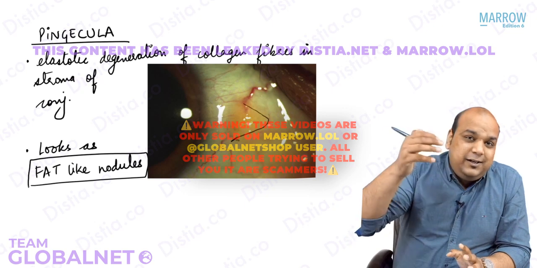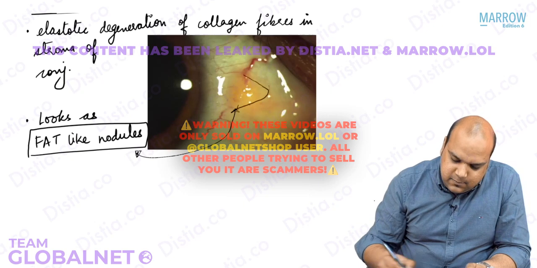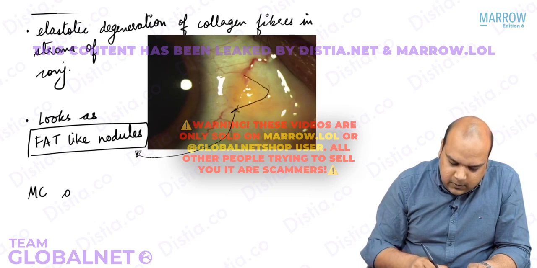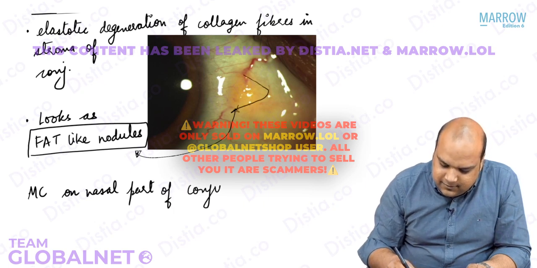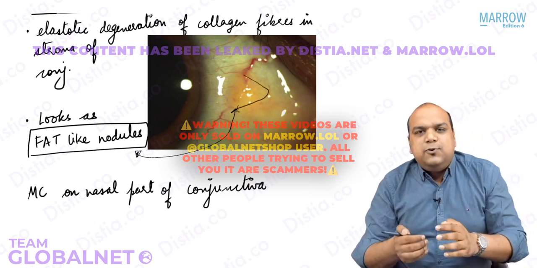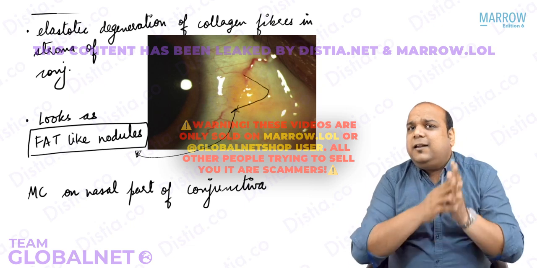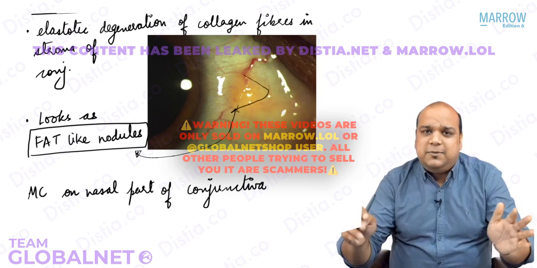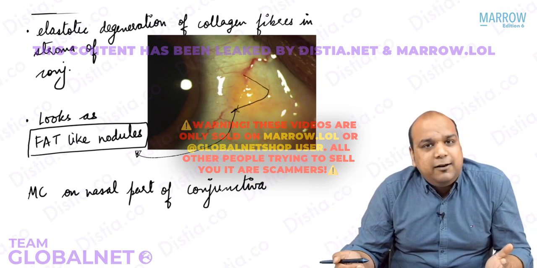It is elastotic degeneration, but that is the appearance it gives. It is more common on the nasal part of the conjunctiva, just like pterygium, and that is why beginners usually confuse pinguecula a lot of times with pterygium. But if you try to carefully see it, there is absolutely no connection between the two degenerations. I hope this photograph makes it clear enough for all of you.